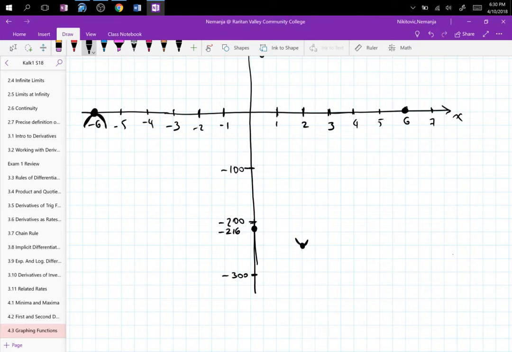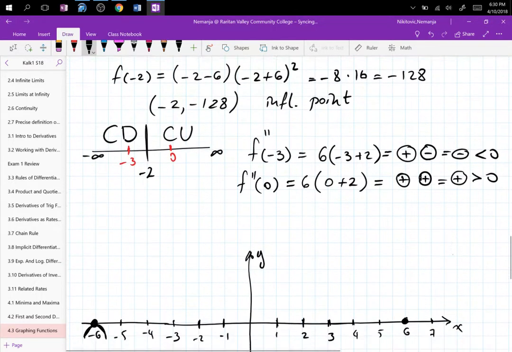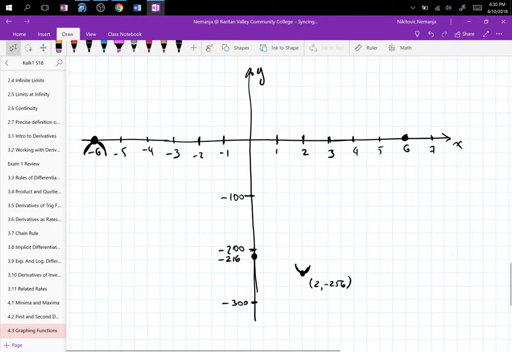And that's a min. So it has a smiley on it. And then I have inflection point at -2, -128.